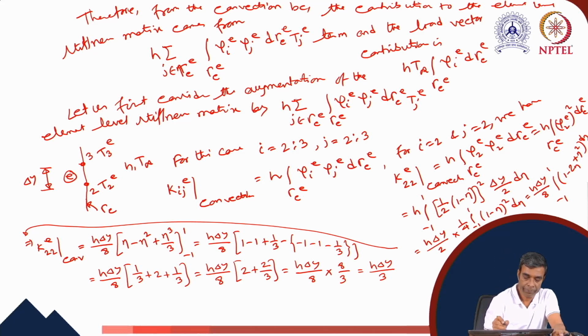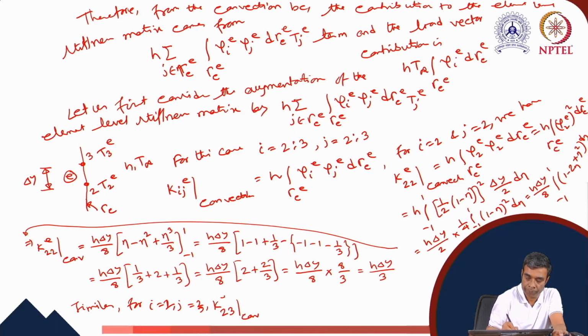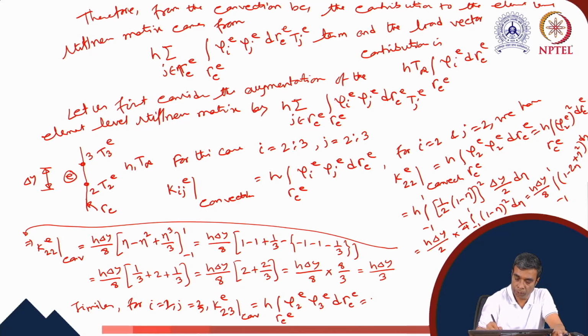Similarly, for I equals 2, j equals 3, K23E convection equals H integration along gamma CE psi 2E psi 3E d gamma CE, equals H integration from -1 to 1.